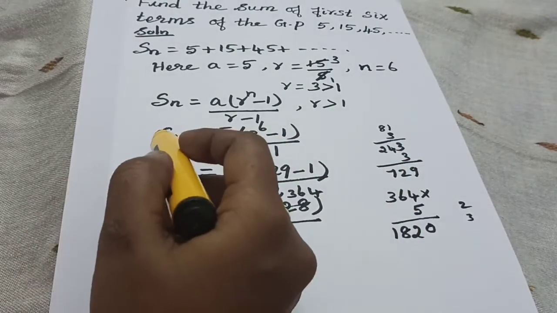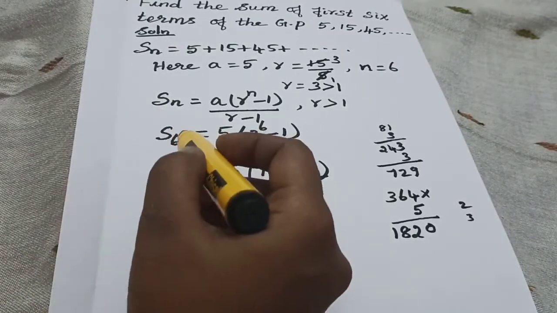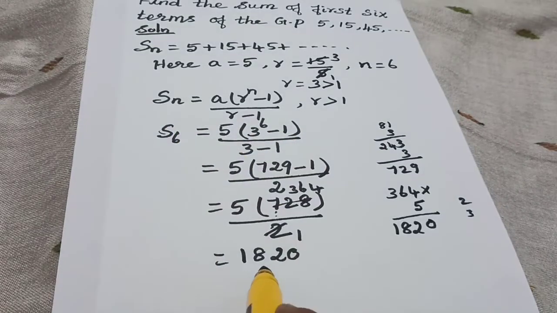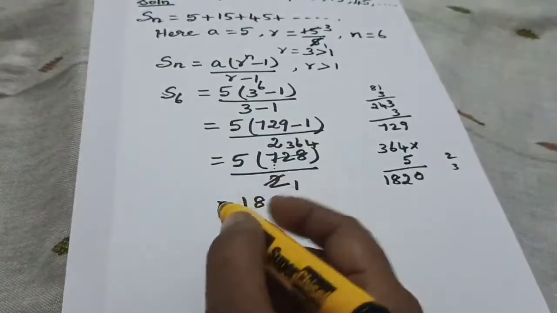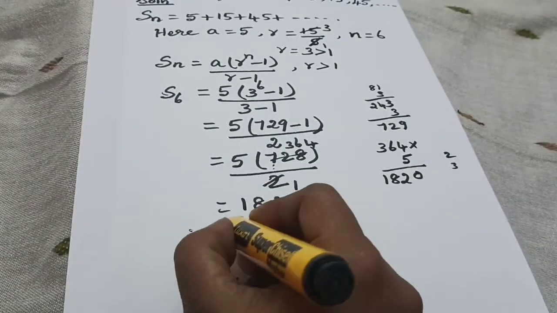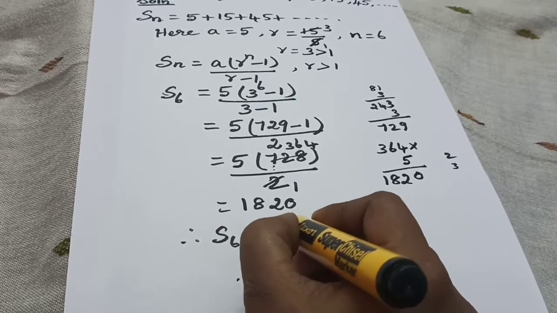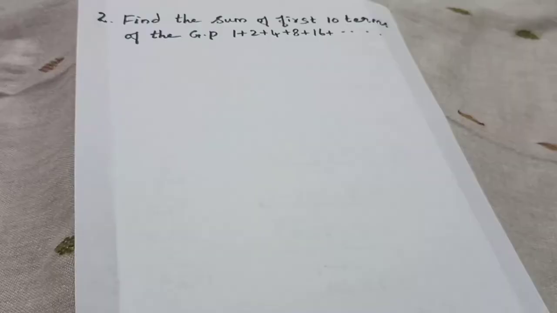Then the S6 value is the sum of the 6 terms. Very clear? Therefore, the answer is S6 equals 1820.